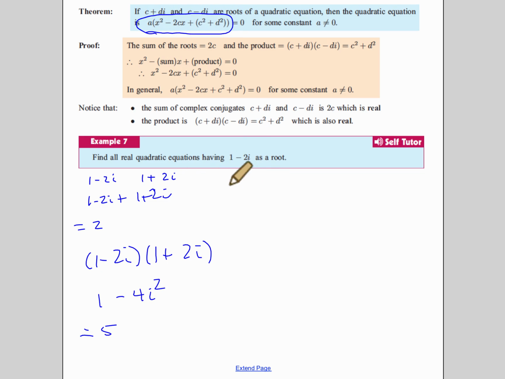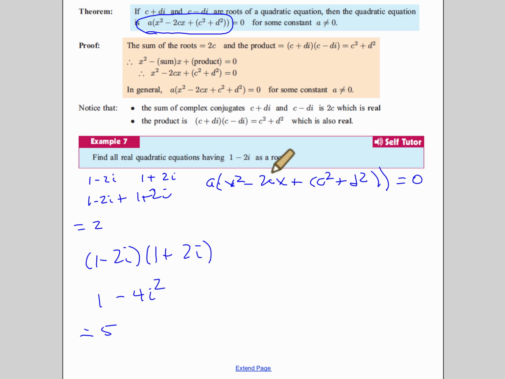We know that the quadratic is of the form a times x squared minus 2cx plus c squared plus d squared equal to 0.